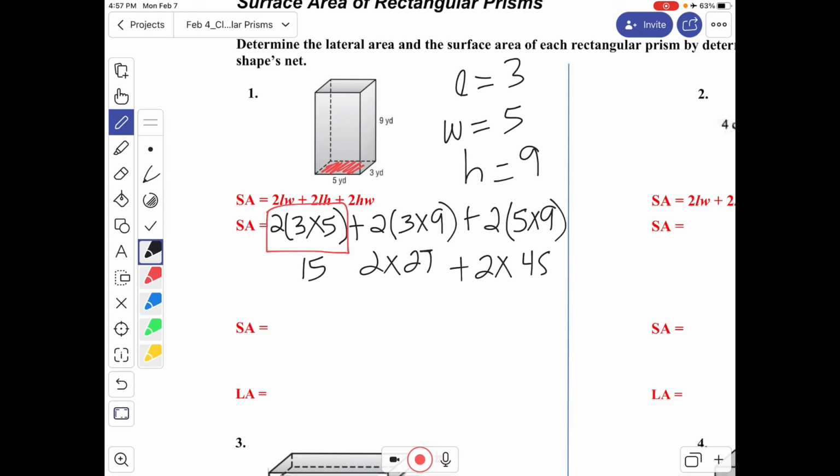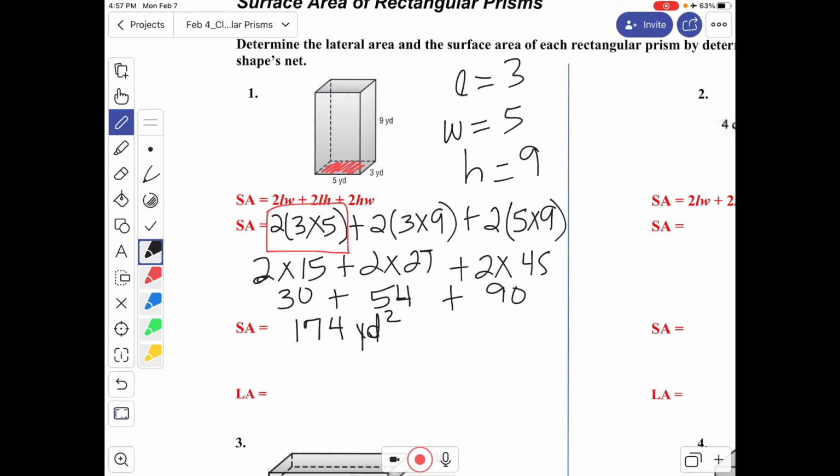And 3 times 5 was 15 times 2. So this is 30 plus 2 times 27 is 54. And 2 times 45 is 90. So the total surface area adds up to be 174 yards square.